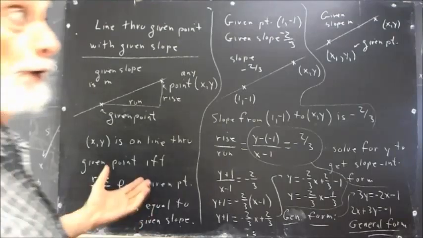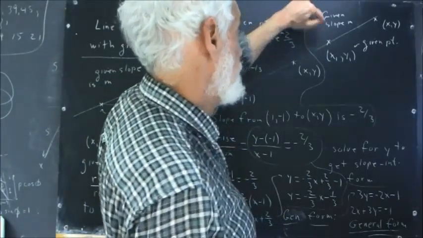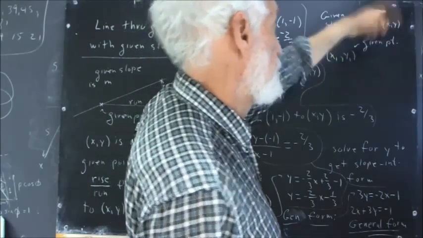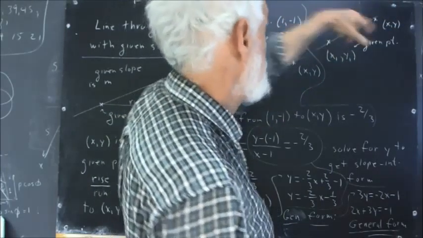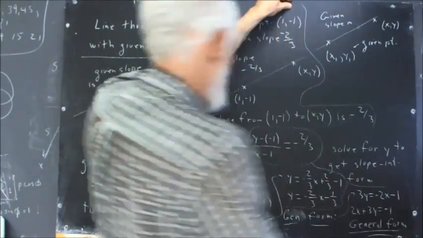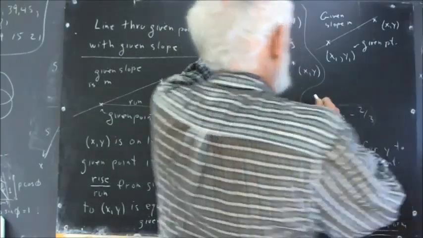To be complete here, I also have to mention the point-slope form. It's the same situation. You're given slope m, your given point we'll call x1, y1, and the point that's going to be on the line is, again, xy. So doing the same thing we did here, the reasoning is exactly the same.